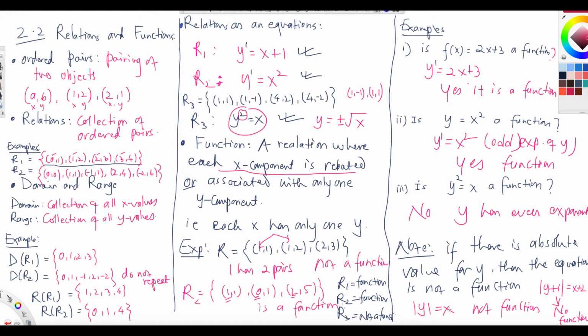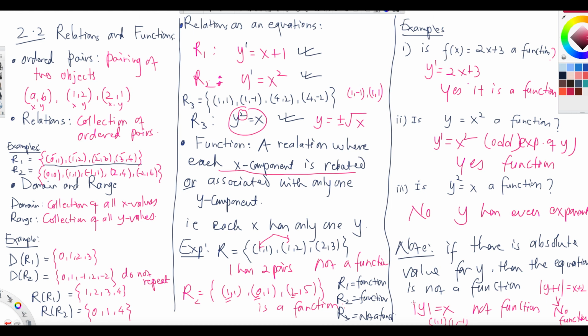For example, if you take y equals positive 1, you will get x equals 1. If you take y equals negative 1, you will get x equals 1 as well. You see that? So one x has more than one image, or more than one pair. That's why it is not a function.